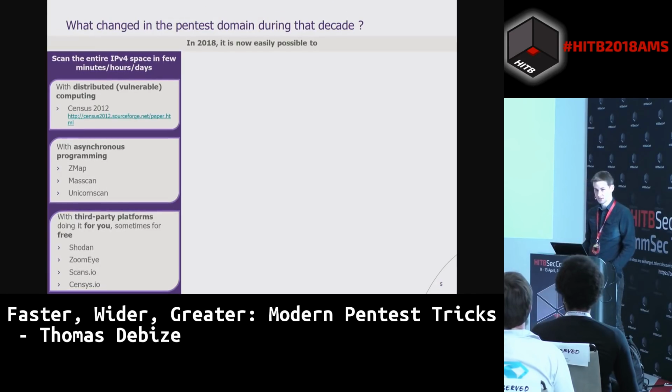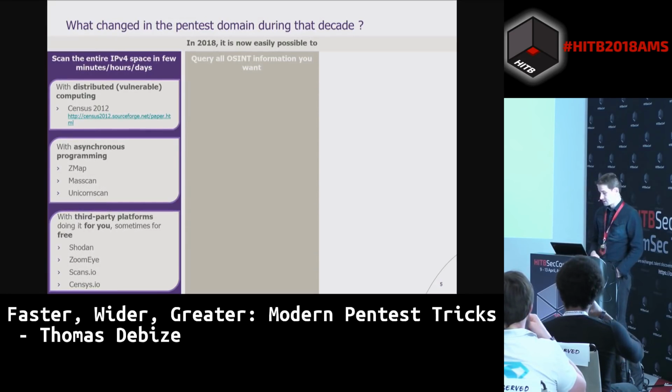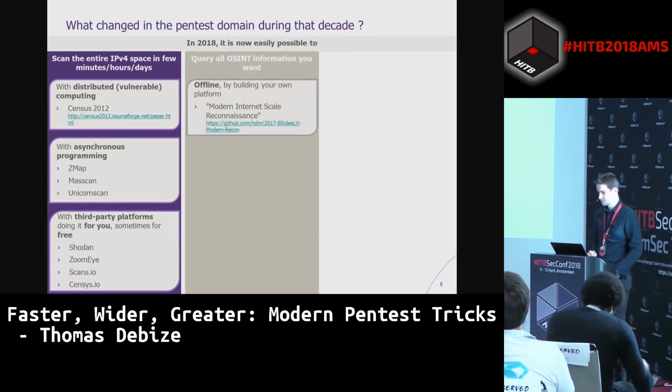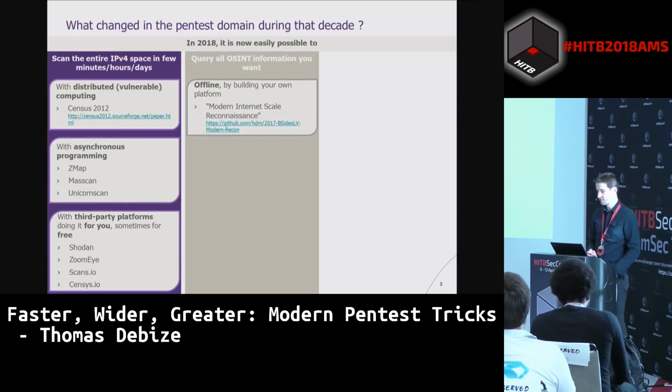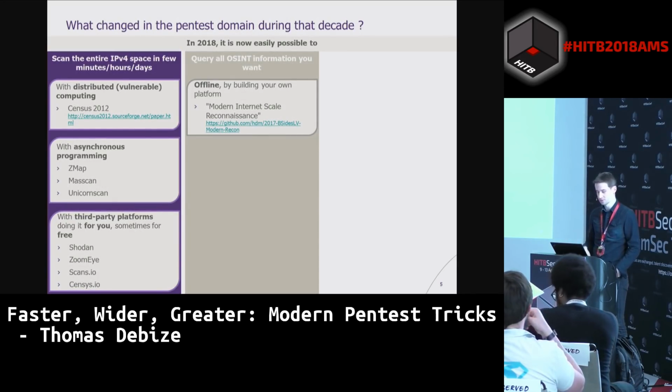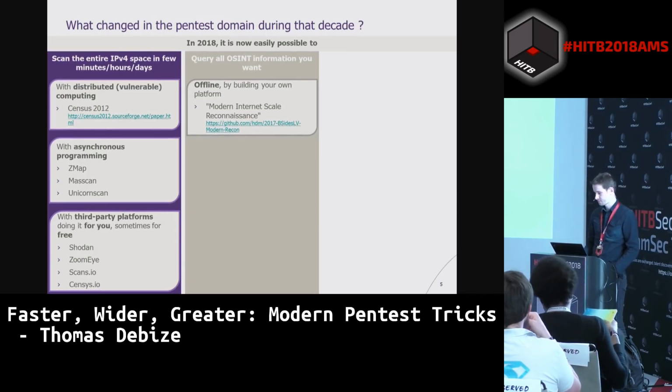Scans.io and Censys.io. It's also possible to query all the open source information you want offline by building your own platform. I was at that talk at DEF CON Las Vegas last year. It was really awesome. The guy tells you how to build your own mass scale big data platform to index everything and perform queries for free.